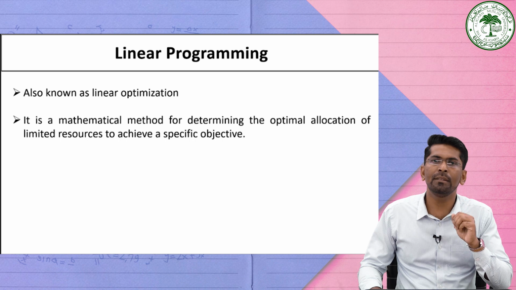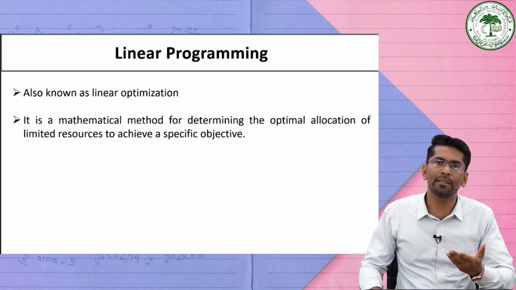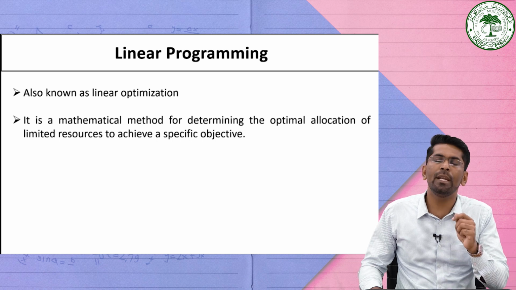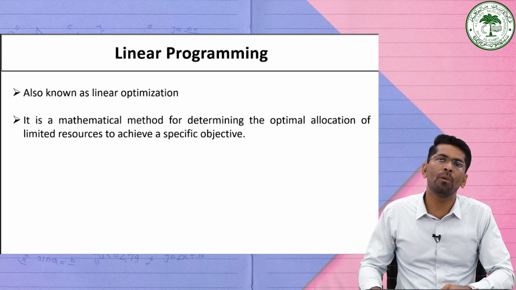In most practical situations, we face this particular problem: our resources are very limited and we want to optimize the allocation of these scarce resources. It is widely used in mathematical modeling techniques to determine the optimum allocation of scarce resources.